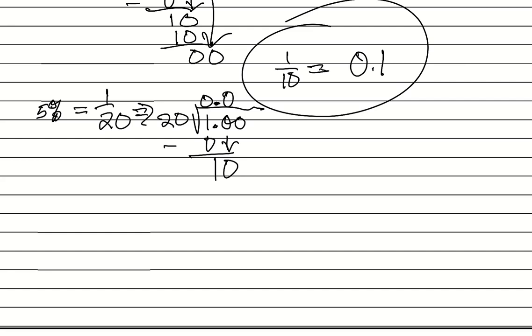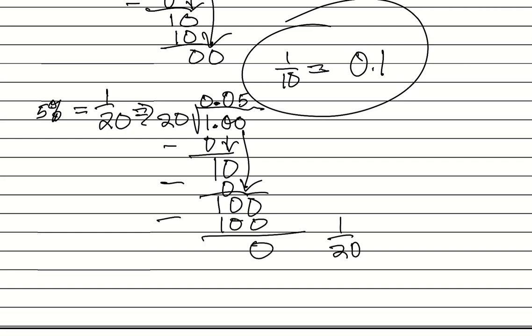We'll put 0 and multiply 0 and 20, you get 0. Okay, you bring 10 down and you bring 0 down, 100. Okay, 20 going into 100, it will go 5 times. We'll put the 5 here, and 5 times 20 is 100. When we subtract, we'll get 0. We're done. 1/20 is the same thing as 0.05.